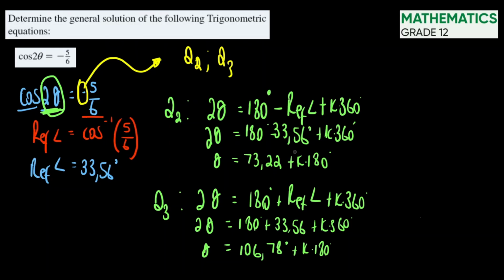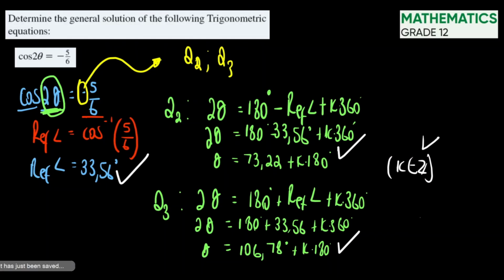So these will be our two solutions. And we shouldn't forget to collect our free mark by saying k is an element of Z. You get a free mark for that. Depending on whether it's a 4 mark or 5 mark question, we would have collected all the marks that we need.